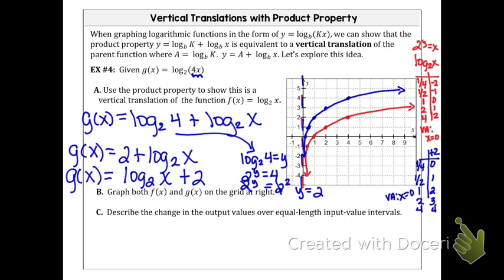Alright, part C says describe the change in the output values over equal length input value intervals. So we know that as x increases by 1 unit, the y values shift up 2 units.